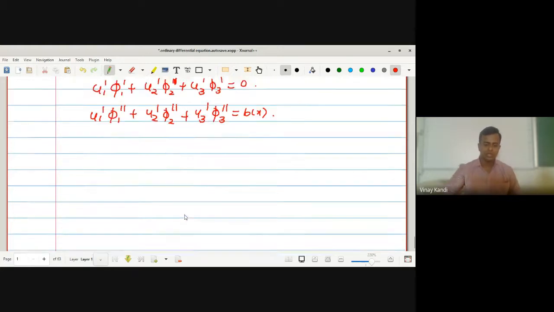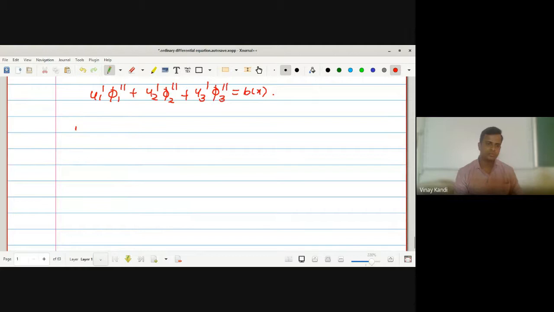Now, phi 1 is 1, phi 2 is e raised to x, and phi 3 is e raised to minus x. Now u1 dash into 1 plus u2 dash into e raised to x plus u3 dash into e raised to minus x is equal to 0.